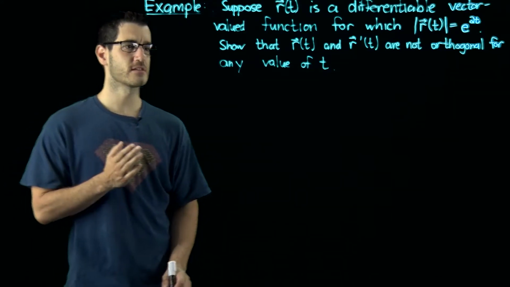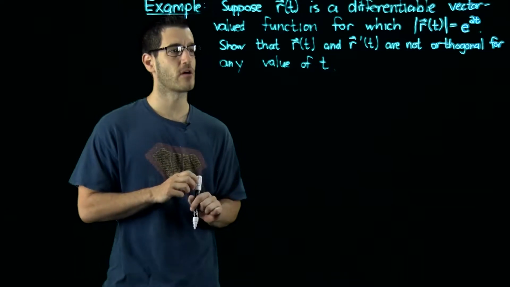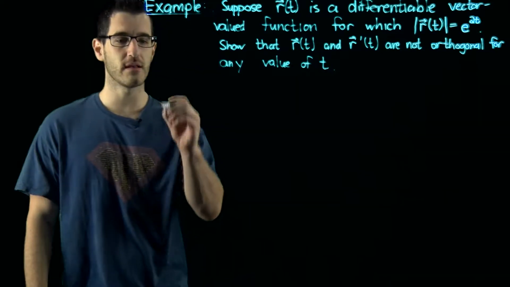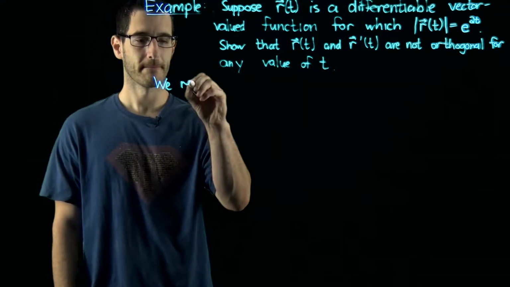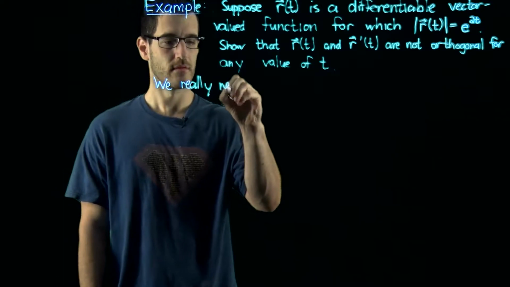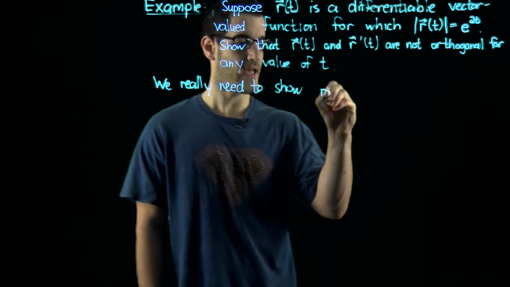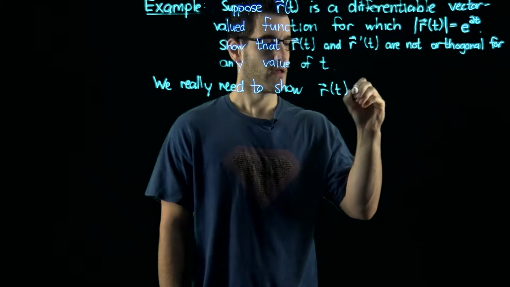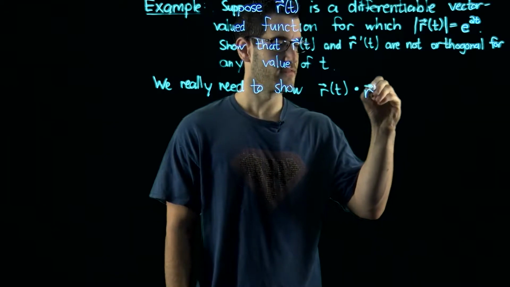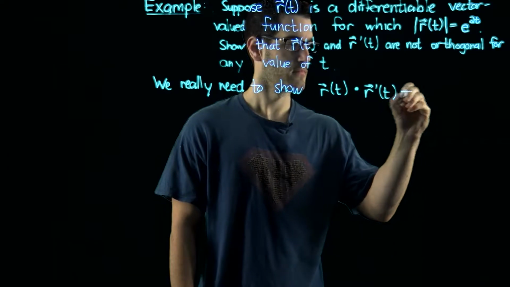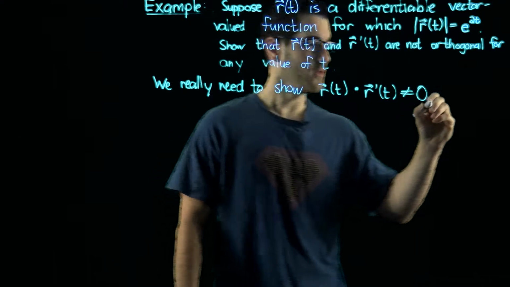So the first thing to note here is we want to show that r and r prime are not orthogonal. So what we really need to show is that if we take r and we dot it with its derivative, we never get 0.